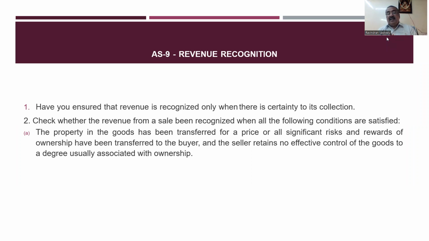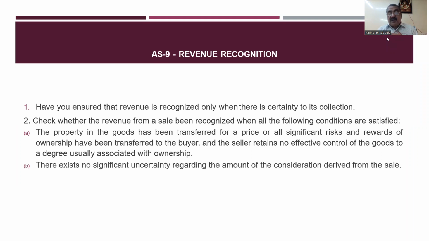If it is not so, then ownership is not transferred. If the seller himself has retained the control, the sale is not completed. So as a practicing unit, suppose there is any sale, you have to verify the sale agreement or sale deed.